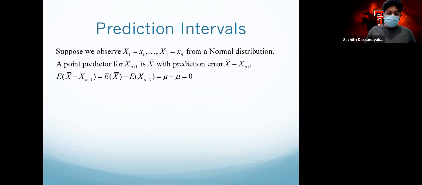This is the last part of this section. Prediction intervals. Sometimes we need to predict something. Predict what will happen for our next observation. If we have 100 observations, then we find our intervals and so on.